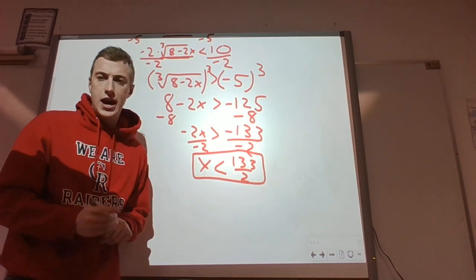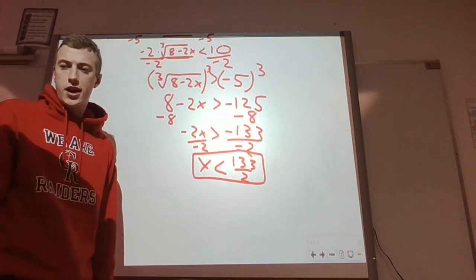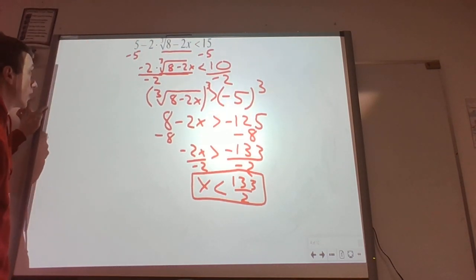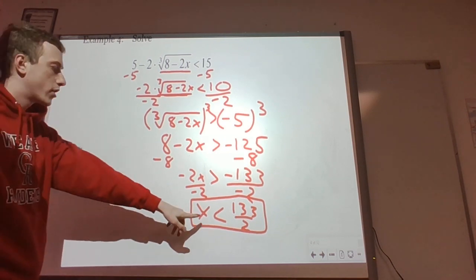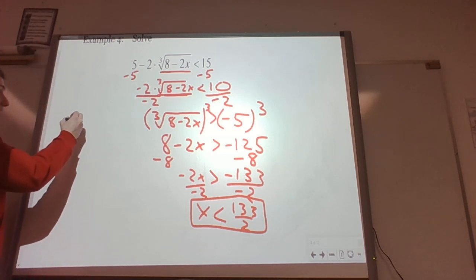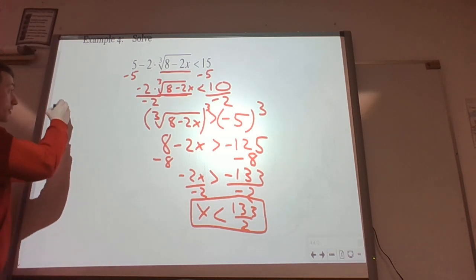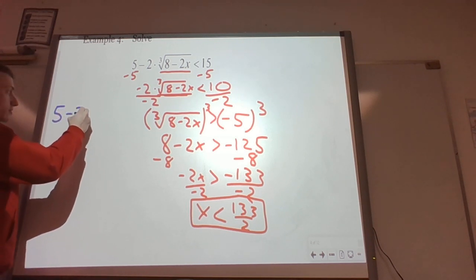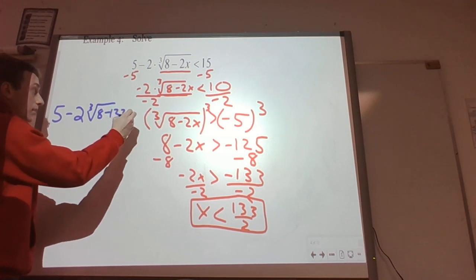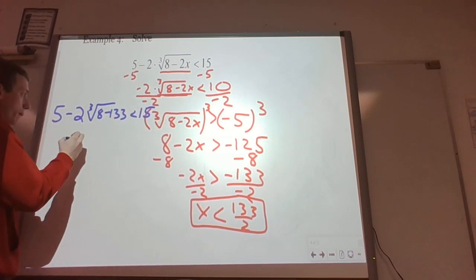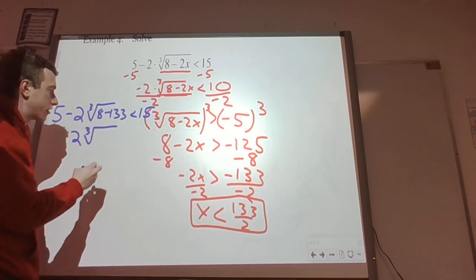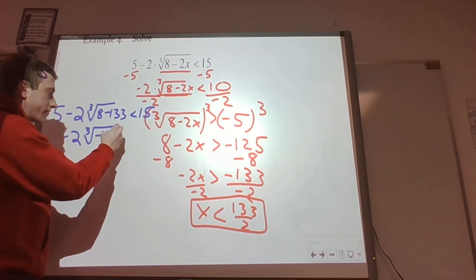And then again, let's just check our answer to make sure that works out. So let's go back up to the top. If we put in 133 halves for x and it's multiplied by 2, that will give us 8 minus 133 underneath the radical. 5 minus 2 cube root of 8 minus 133 is less than 15. 8 minus 133 is negative 125.